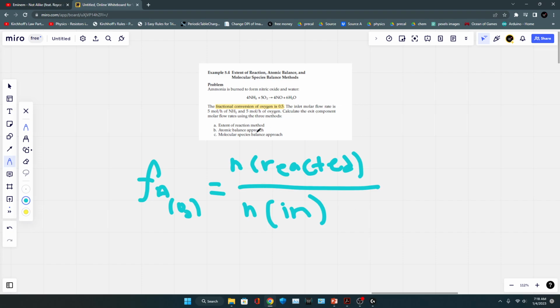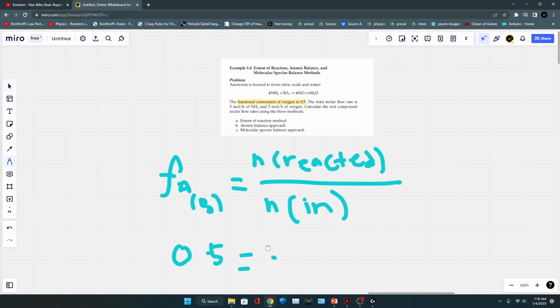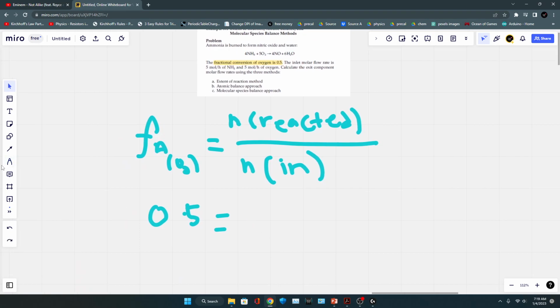It has been known that the fractional conversion of oxygen is 0.5, but we don't know the number of moles of oxygen that has been reacted.